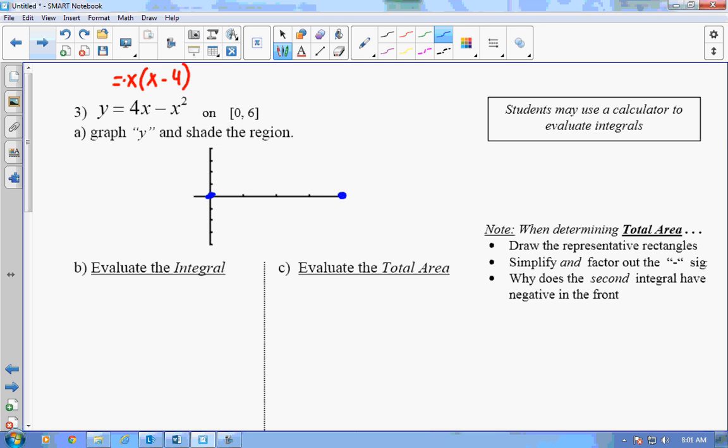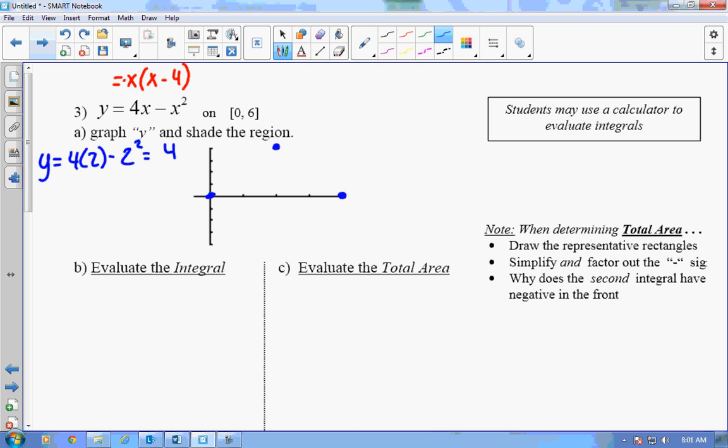And somewhere in the middle, because of symmetry, we have a maximum. So I would plug in 2, and then you know the maximum. When we plug in, y equals 4 times 2 minus 2 squared, you get 8 minus 4, which is just 4.